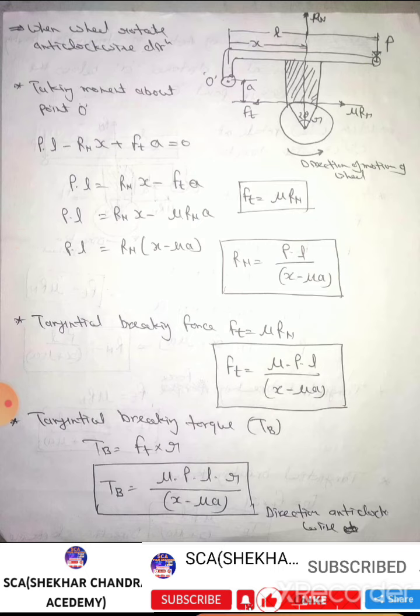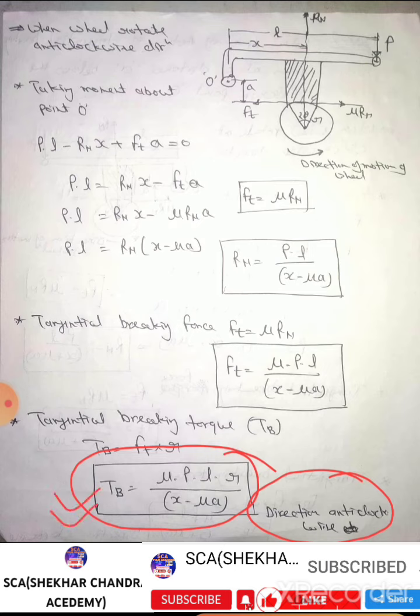So the value of Ft is put into the braking torque equation. So we can obtain braking torque as mu P L R upon X minus mu A. Here the direction is anti-clockwise. The direction of braking torque is anti-clockwise direction.